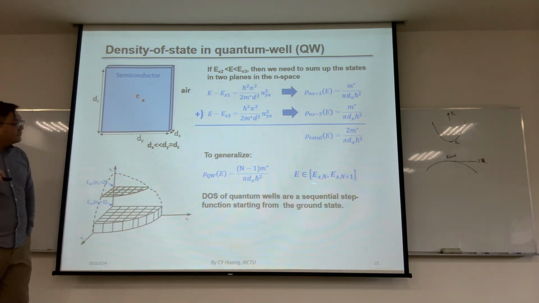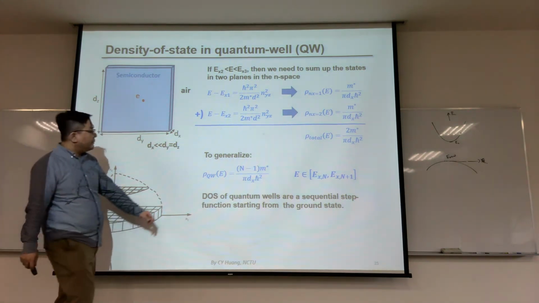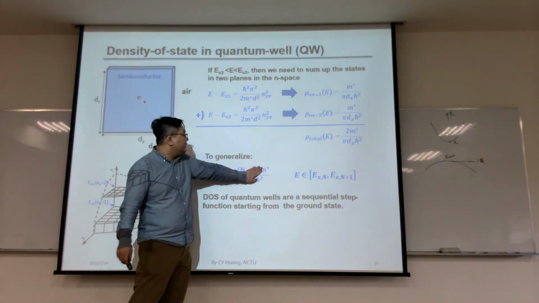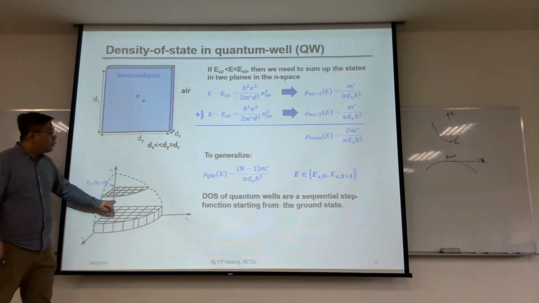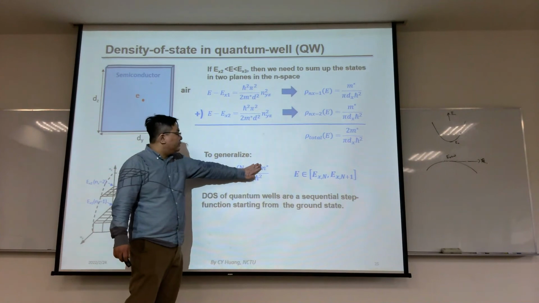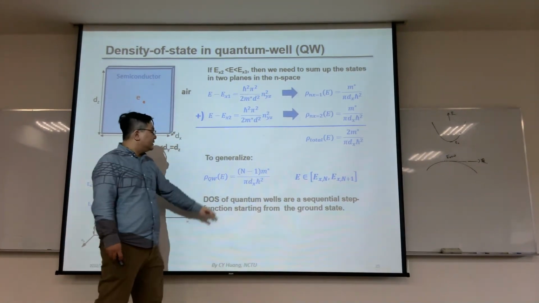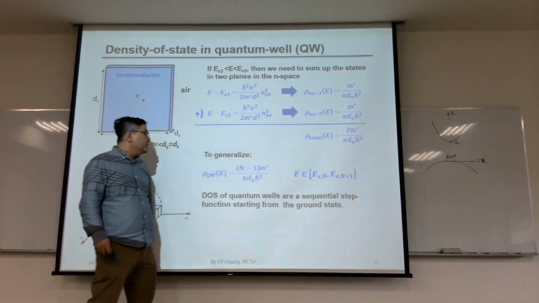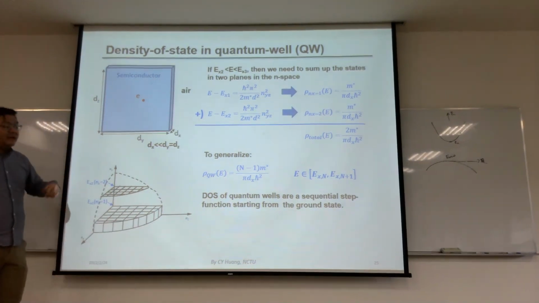Alright. For example, okay, I think I made some mistake. When it's larger than 1, it shouldn't be 0. When it's larger than 1, it is 1. So I will make a correction here. It will be n times this number.